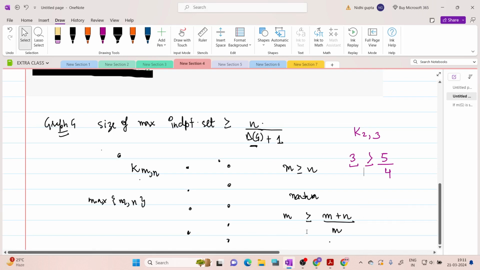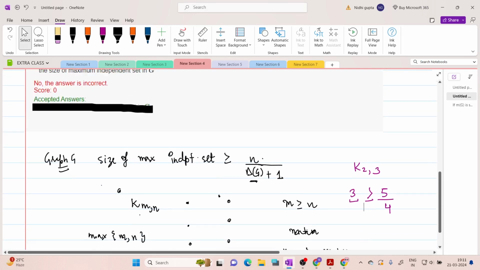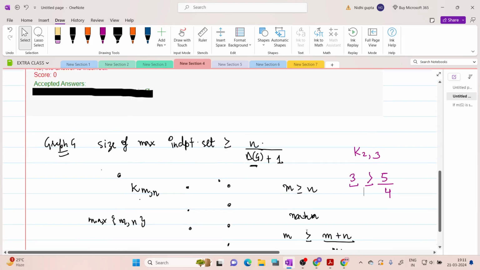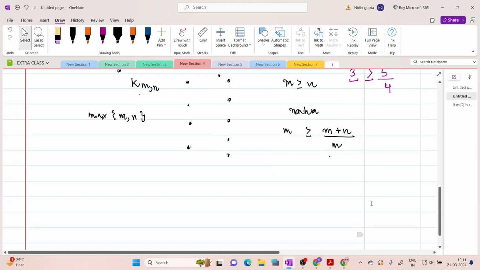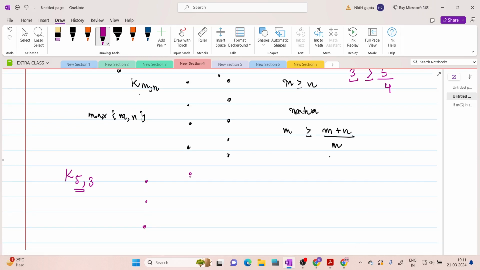So in this question, if it is say K53, and we have to find an independent set, how do we find an independent set? First we pick some vertex v1. Then we look at its neighbors.